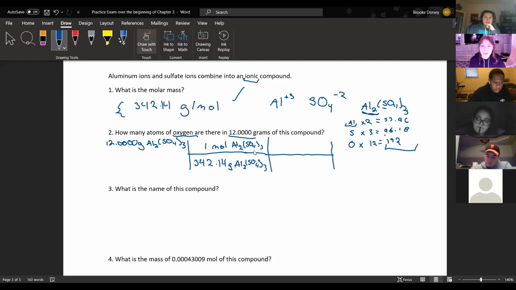Yes, very good. So we're in moles of aluminum sulfate, so to cancel that out, we're going to put moles of aluminum sulfate. I wish this was shorter, but we don't have that. And then how many moles of oxygen are in 1 mole of aluminum sulfate? 12. Oh, very good. We found that out over here.